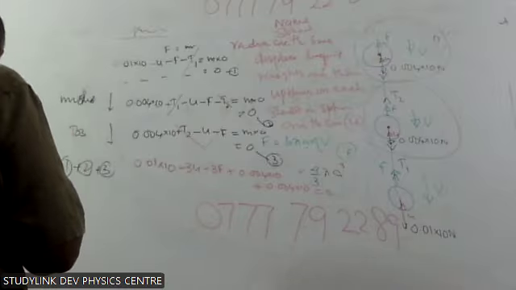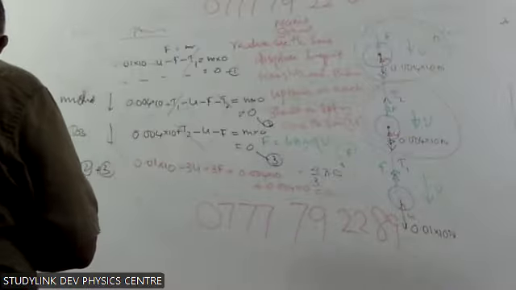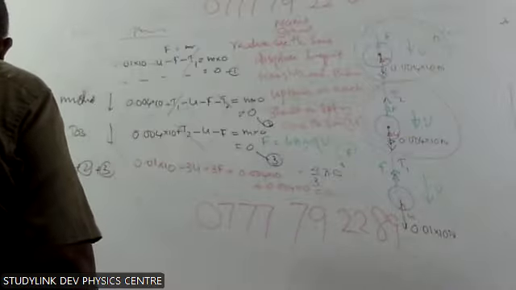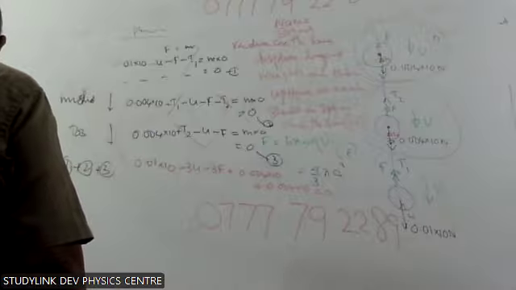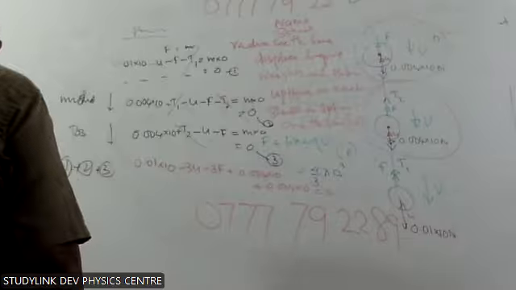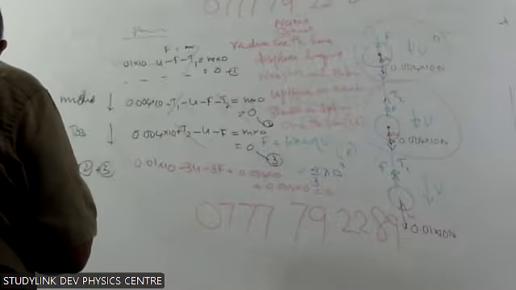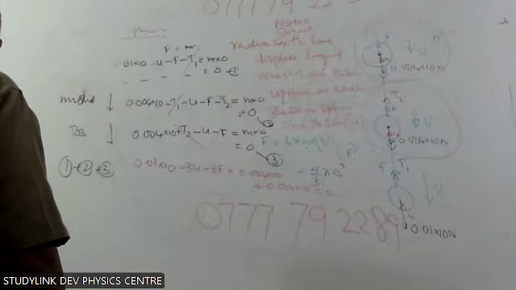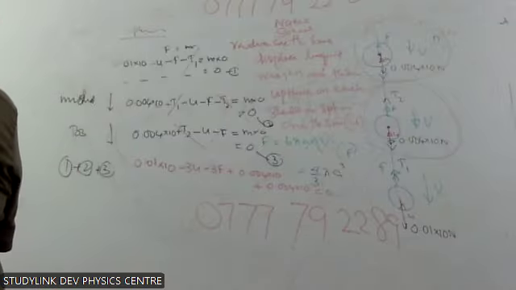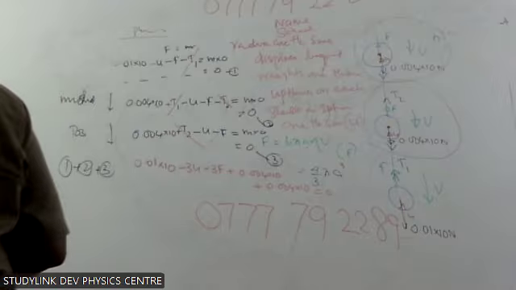Second one, if the thread is cut at the point X after the system has reached the terminal velocity, determine the magnitude and direction of the new terminal velocity of the system. Now we'll see what is happening at X. If you cut it at X, what would happen?